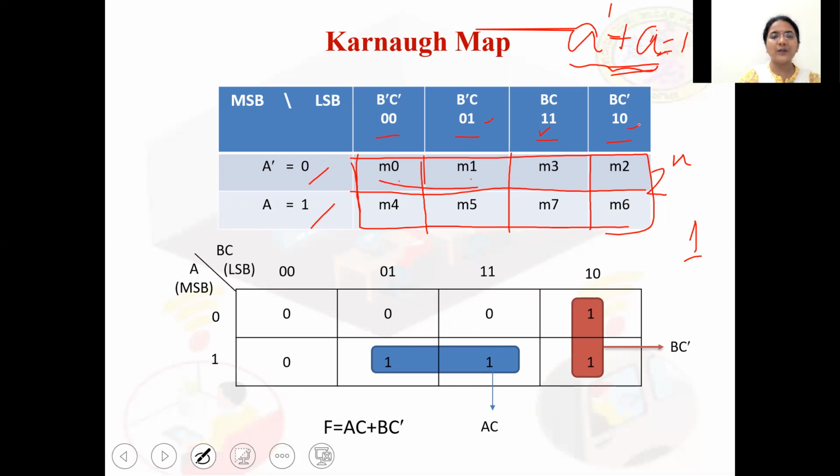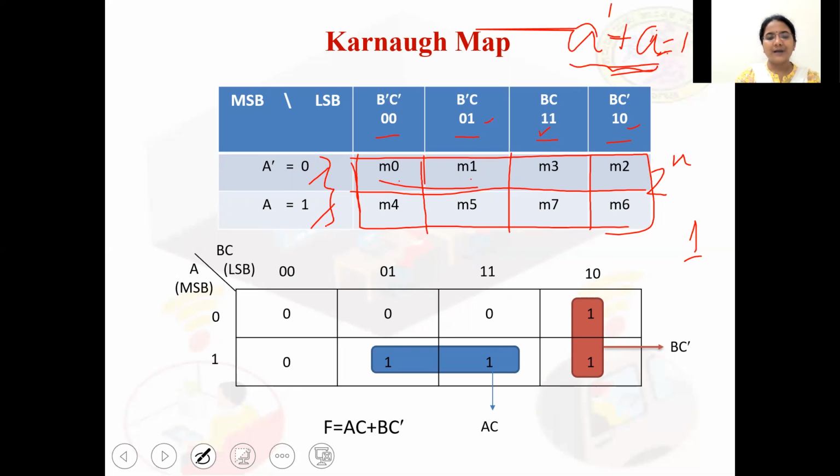When you group both the rows, the minterms in both the rows, then we can eliminate the variable A, because A is varying from 0 to 1. If the minterms in both the rows are high, we can eliminate variable A. Like that we have to group.